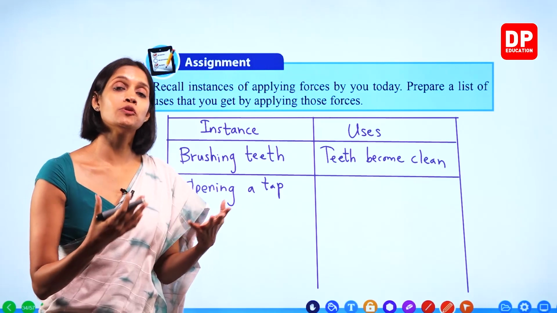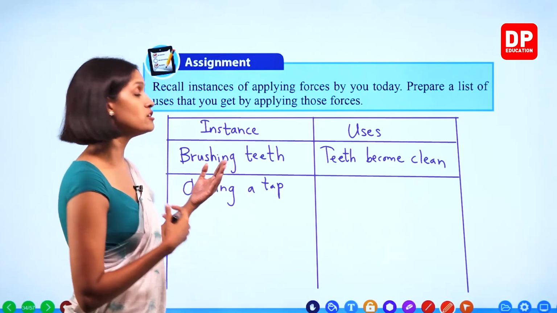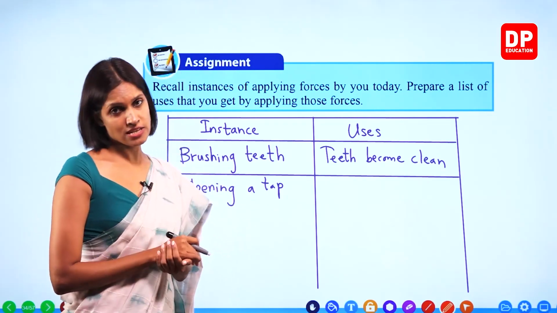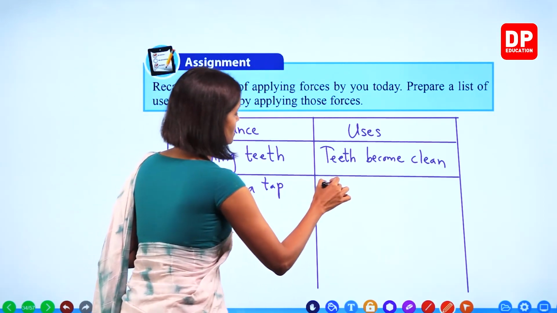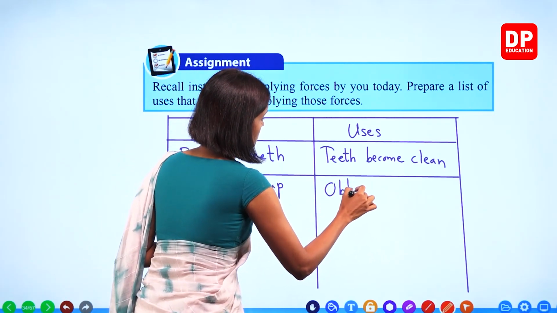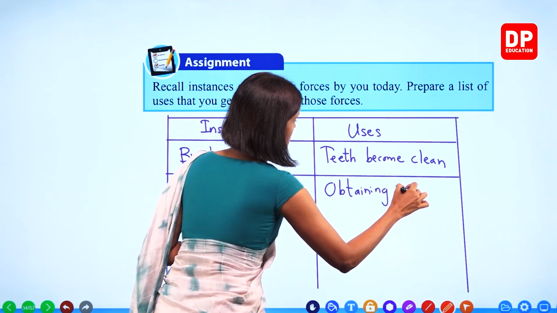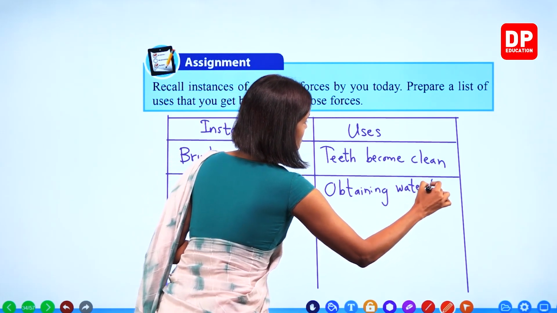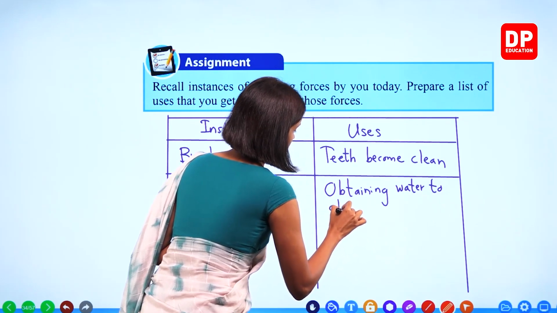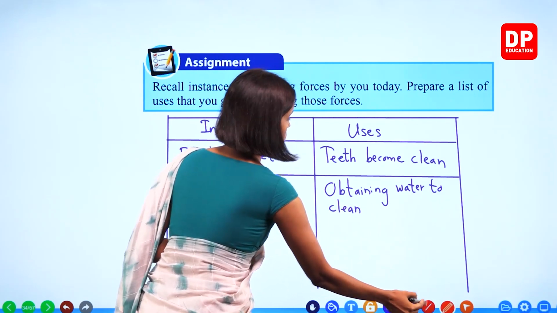When you open a tap, you will get water, so you can clean things up. Obtaining water to clean. That is the use.